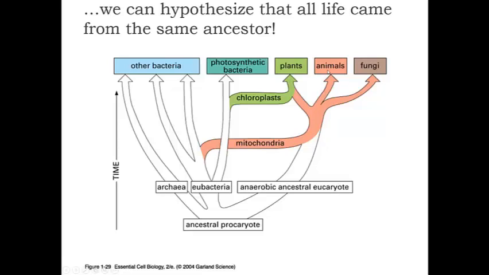So we know that one of the major differences between prokaryotic cells in organisms that we see here on Earth today and eukaryotic cells is that eukaryotic cells have mitochondria. Prokaryotic cells do not. But one interesting thing about mitochondria is that they have their own ribosomes.